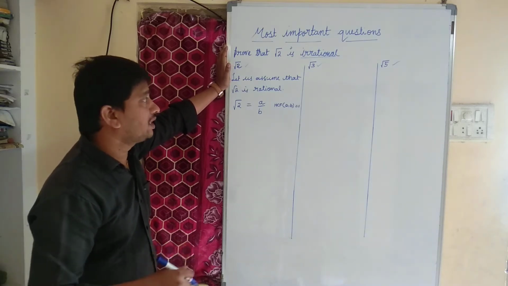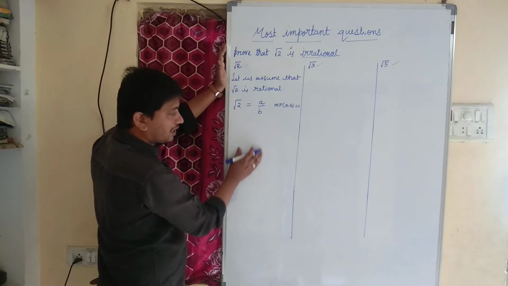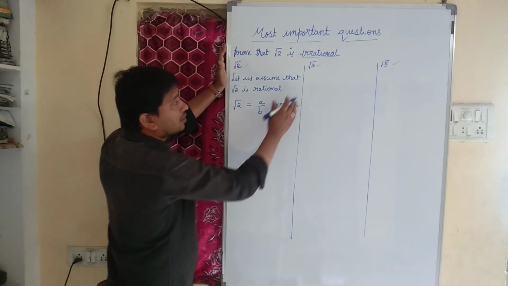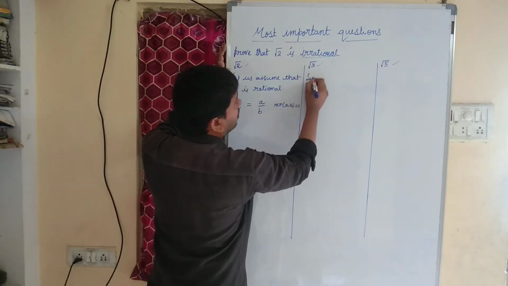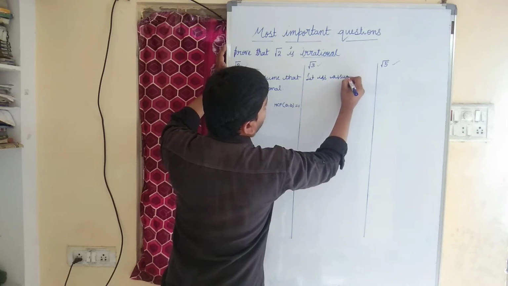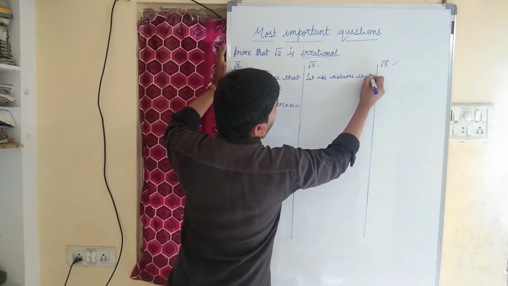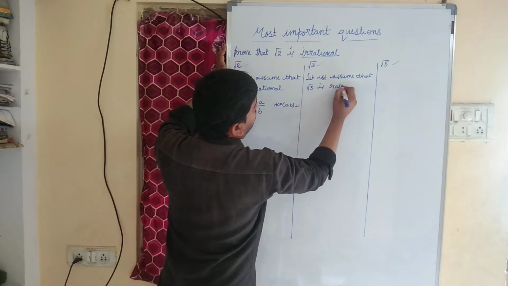Similarly, coming to root 3, in the same manner, let us assume that root 3 is rational.